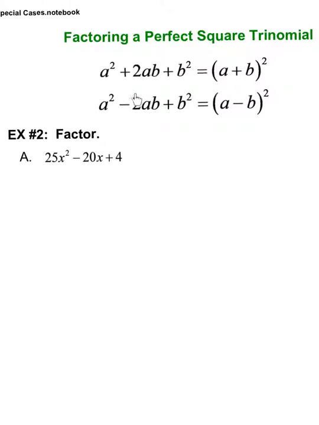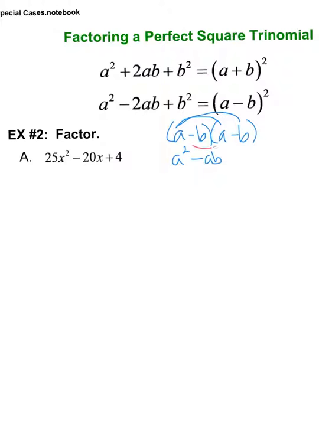Then this 2ab occurs because of the following. If I took this one and squared it, a minus b squared really means a minus b times a minus b. And I'm going to distribute: a times a, that's a squared, a times a negative b, that's a negative ab.